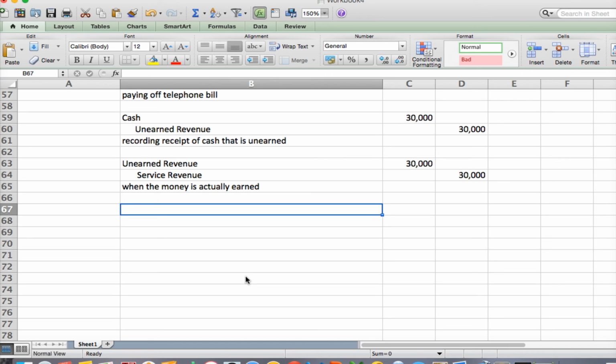Okay, so we basically covered at least one example of all the different types of journal entries that you might see. Okay.